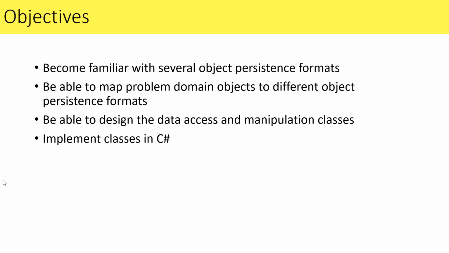The other way, which is more efficient, is of course to use a database. So we store our object class data or object data in a database. Now we have, of course, different types of databases. As you know, we have relational database management systems we can use.